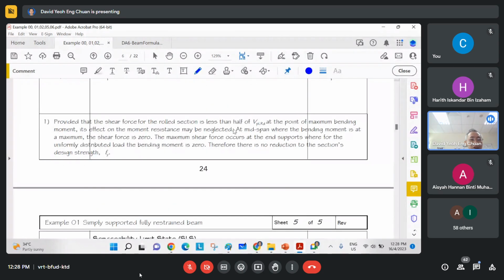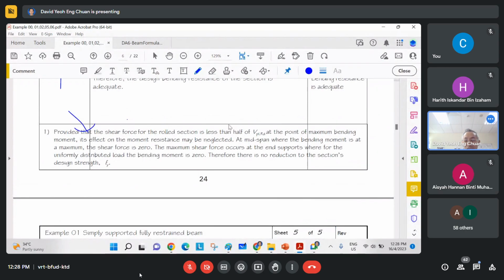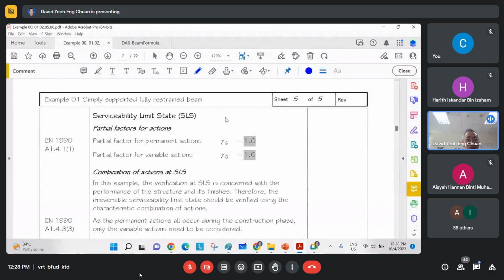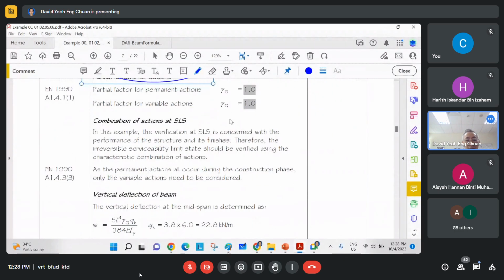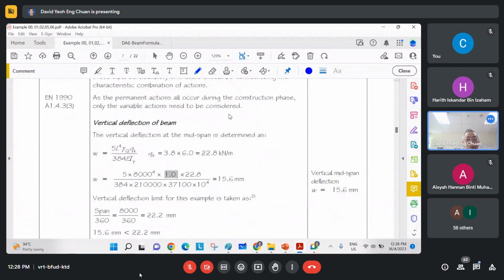Now all this I've explained just now regarding the 0.5 of the shear. So lastly, we have this service limit state to check the deflection.